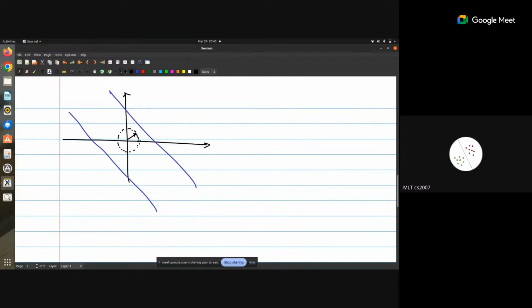So this is all possible solutions for W, right? Now we have restricted it to unit length, right? Correct. So previously, without restricting it, what was this solution here?